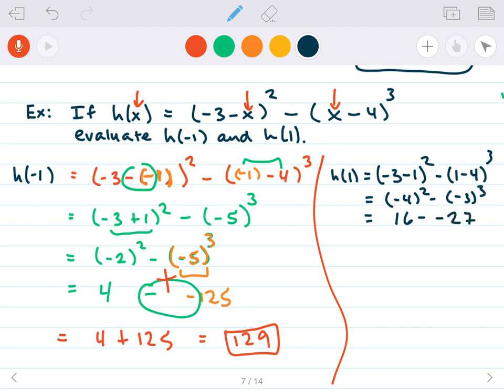So I have those double negatives, which makes a positive. And I'm super lazy, so I'm just putting that in my calculator. So we get 43. That's h of 1.